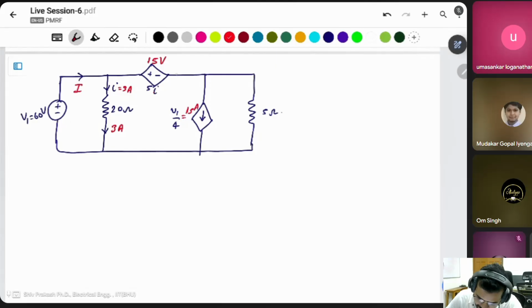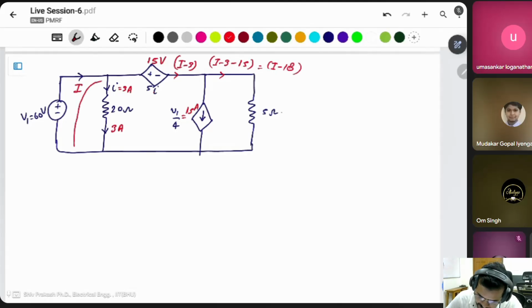Then what is the current in this branch? I minus 3, because of this one, 3 ampere is outgoing. Then what is the current here? I minus 3 minus this one 15 ampere. Then you can say this current is passing I minus 18.